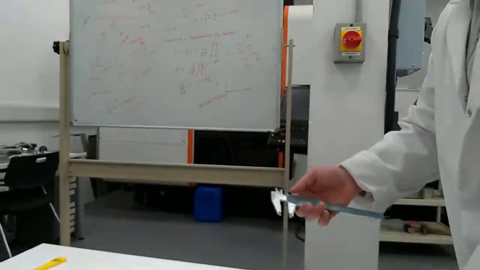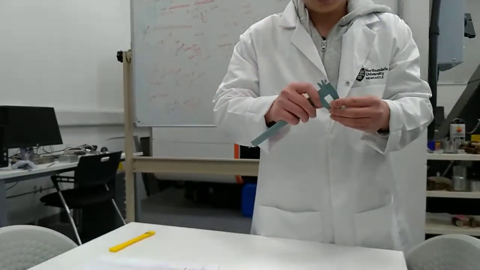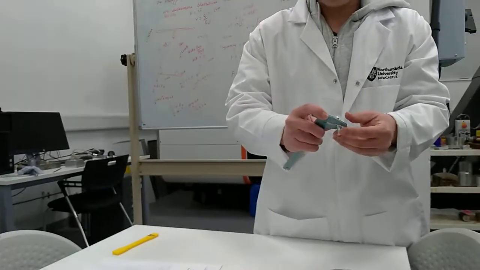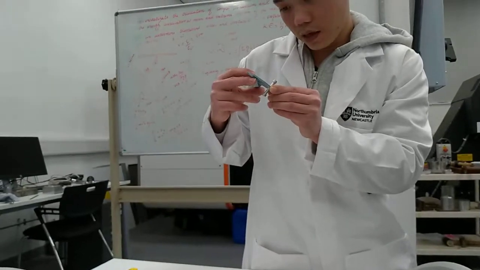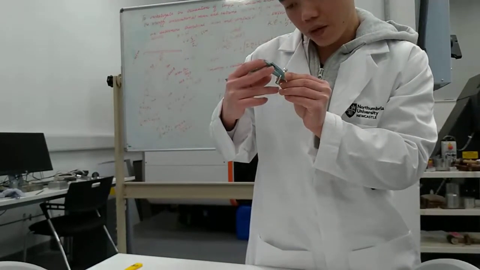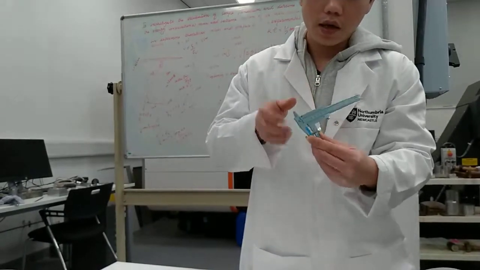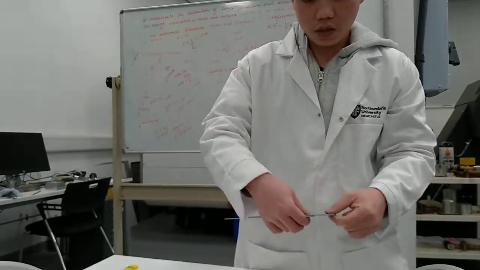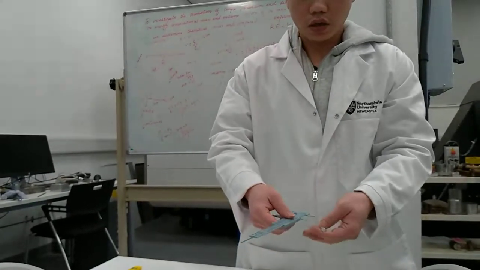Okay, and for aluminum, we start with the diameter, and we do the same thing. I can see from the caliper that the diameter is 5 millimeter. And for the gauge length, we use this feature for internal dimension.